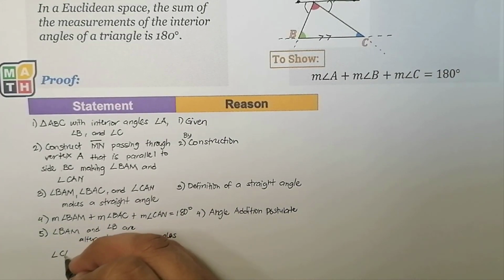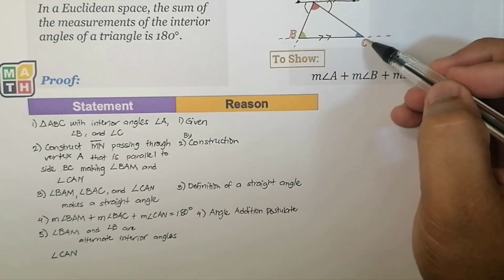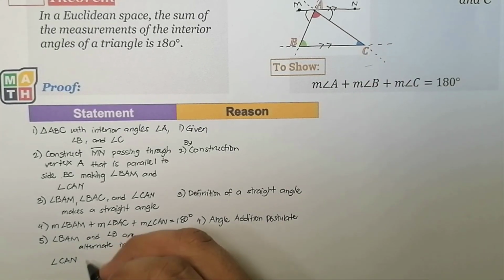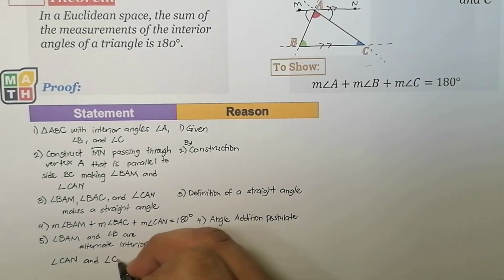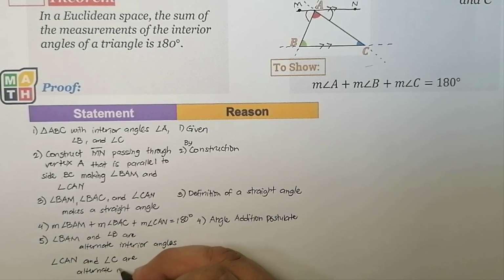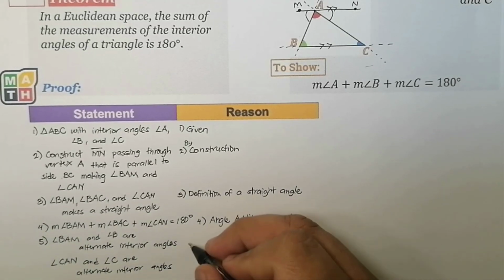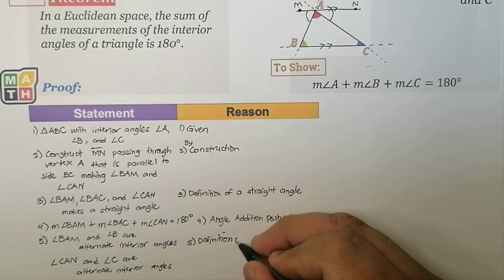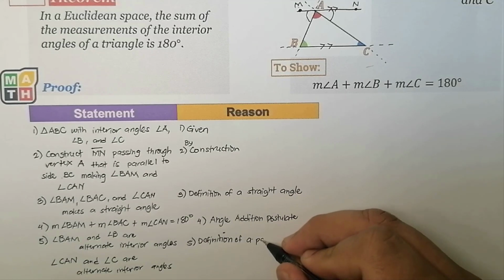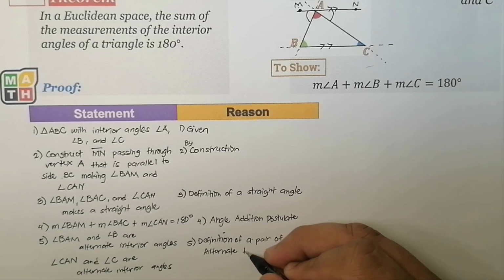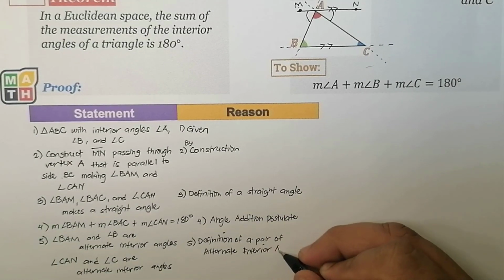We have angle CAN and angle C are alternate interior angles. This is under the definition of a pair of alternate interior angles.